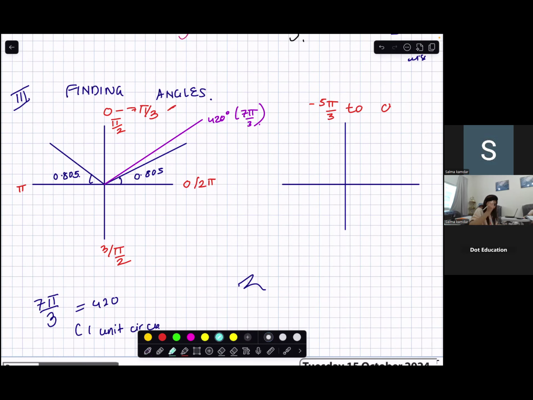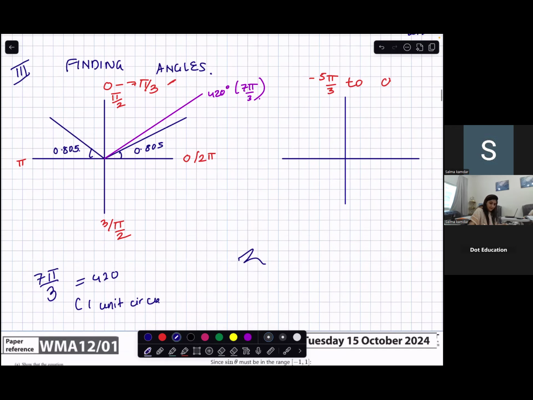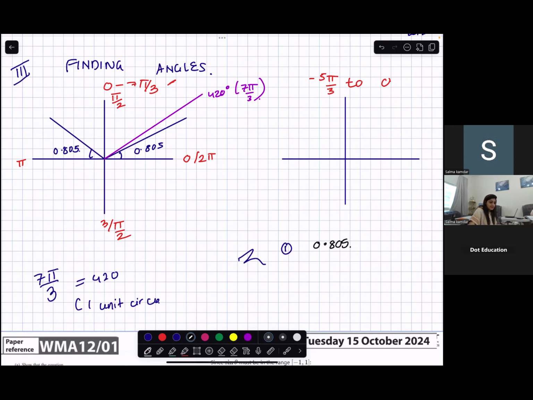Okay, fine. Now I start doing my hits. My first principal value is the one that I know is going to be there only. It is 0.805. Now I'm looking for other angles between 0 to 7 pi by 3.